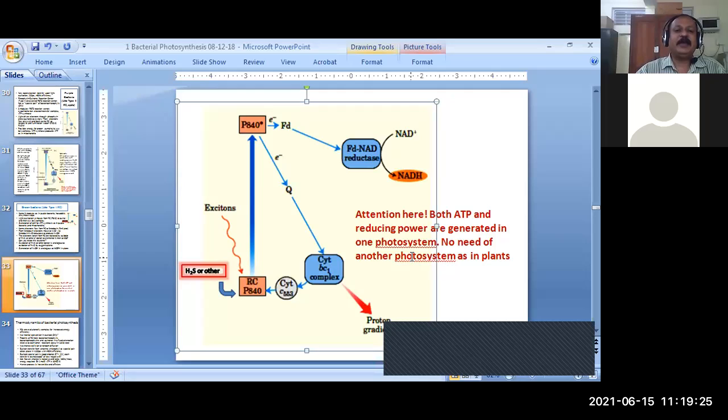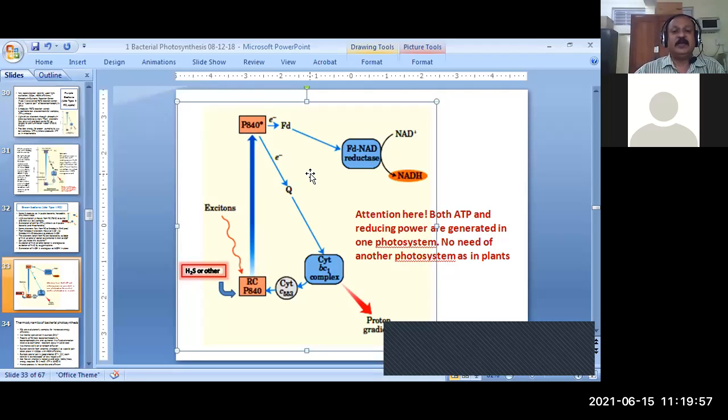Again, that would probably make you think a bit. In the purple bacteria which I described yesterday, I asked you the question: what about the reducing power generation? How is reducing power generated if the electrons are all going to go back to the reaction center? So some modification is required sometimes. You might even ask me a question: when I said that sometimes the electron goes to ferredoxin, at what times does it go to ferredoxin?